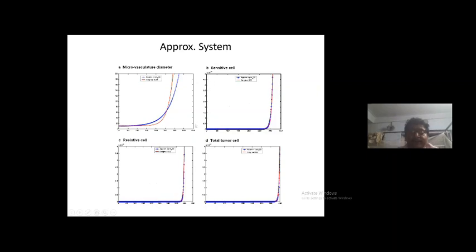Now the uniqueness of the approximated system is that, in the original system in the free growth condition, that means when no drug is being applied, it comes earlier, whereas the approximated system followed the original system.